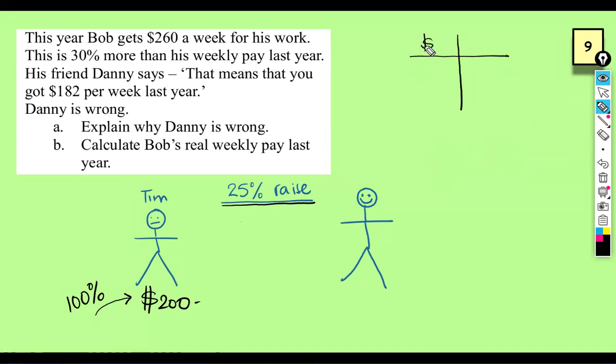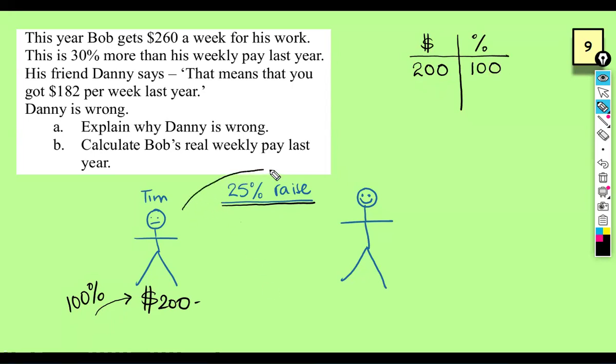We're going to put two things, money and percentage. At the beginning of the question, how much money he had? $200. Now, that's the original amount he had, always the before situation. And that's always 100%. It's always represented by 100.